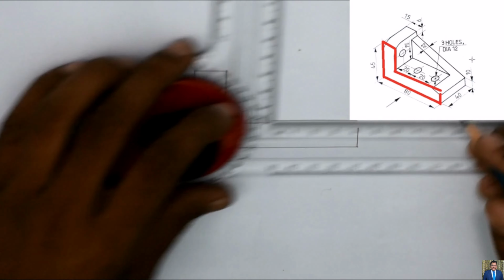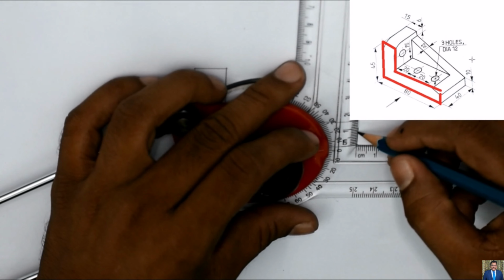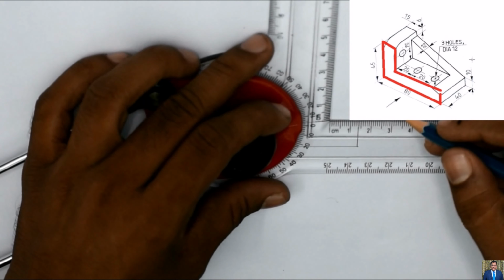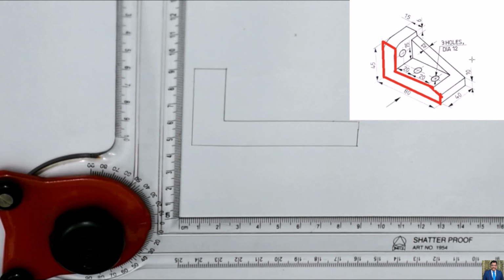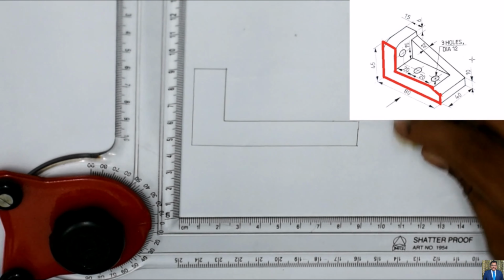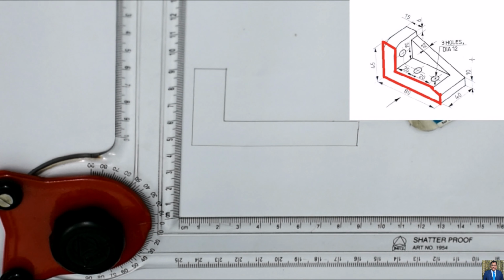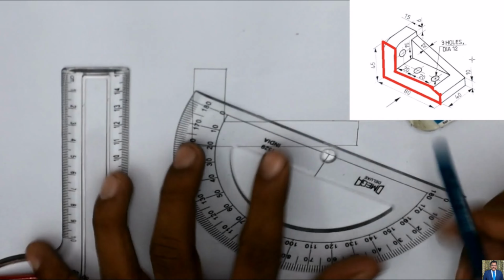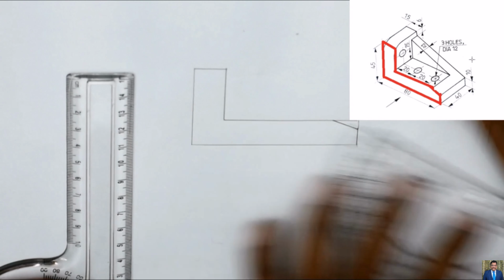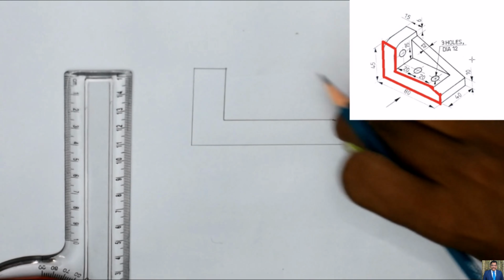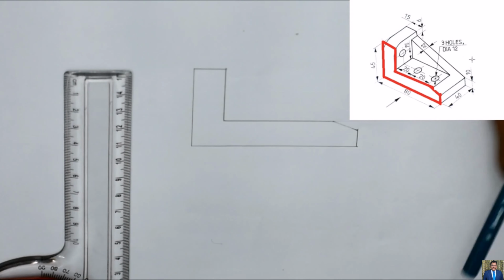So I am going to take here the gap as 12 mm first. I will take a point, then I will rub the extra portion. I'll erase this portion because it's not there.